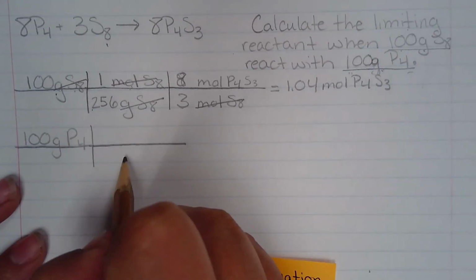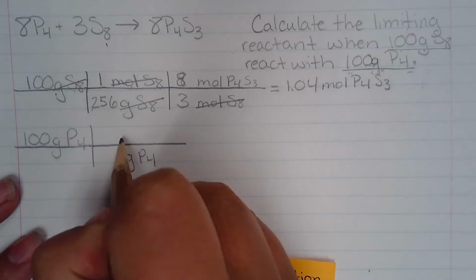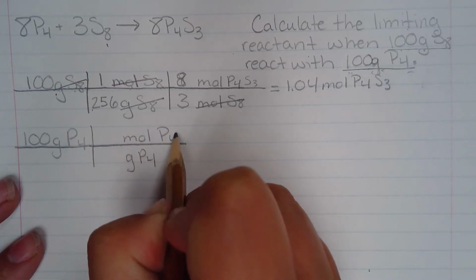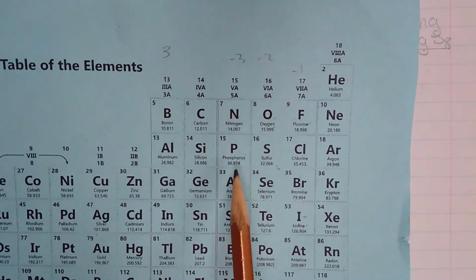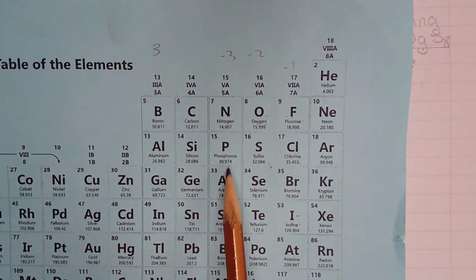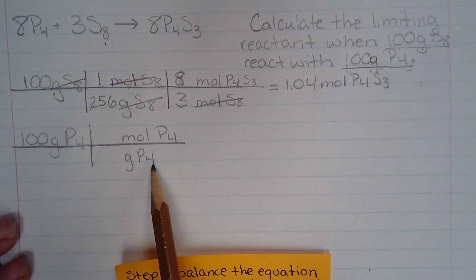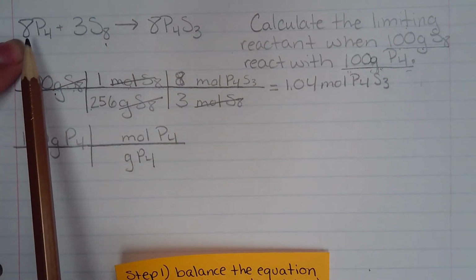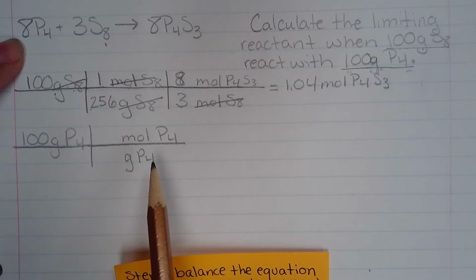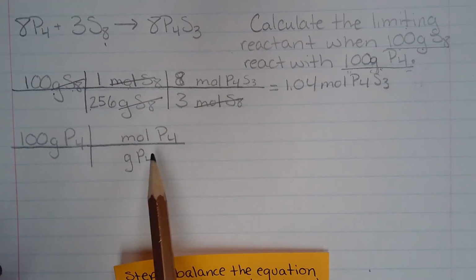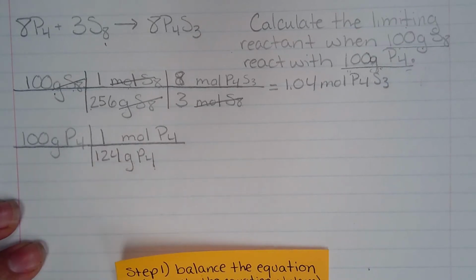Remember we use want over have: we have grams of P4, we want moles of P4. If we look on our periodic table at phosphorus, it's 30.97, so we'll round it to 31. If we do 31 times 4, because there's 4 of them in that molecule, notice we don't take into account that coefficient. We're only dealing with P4 here. So we do 31 times 4, and we get 124 grams per 1 mole.